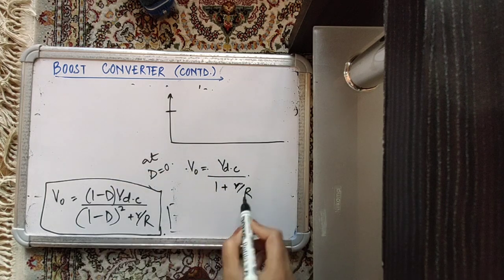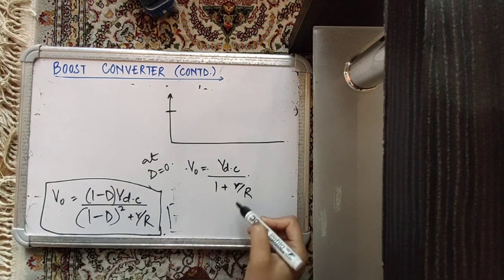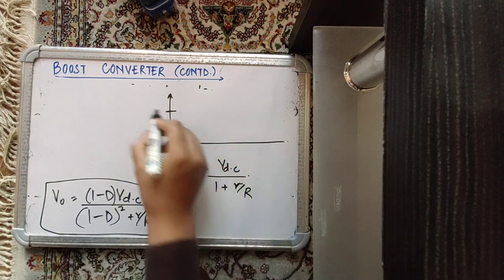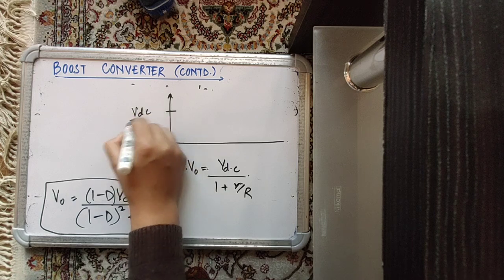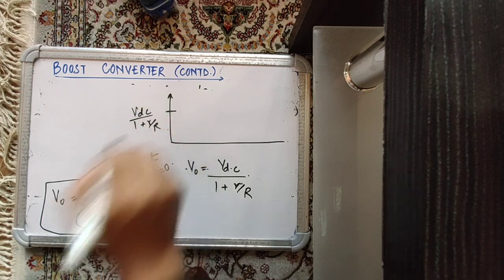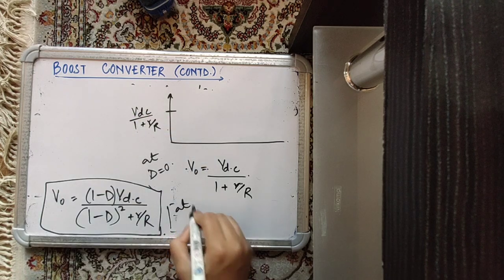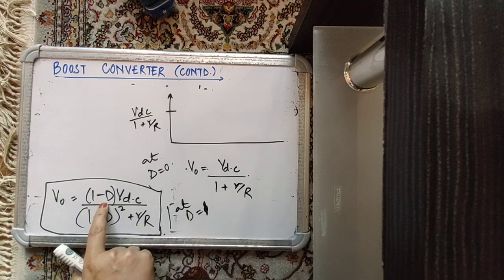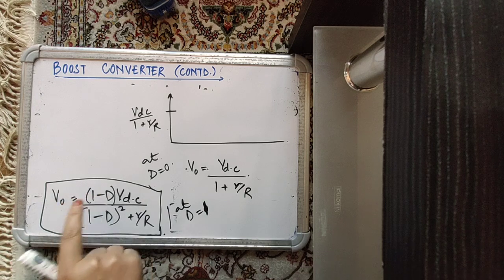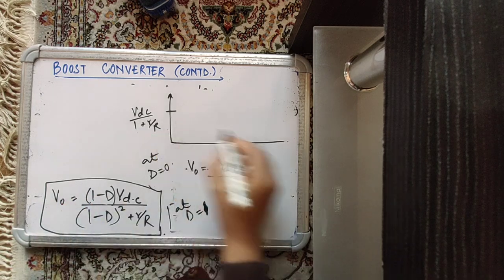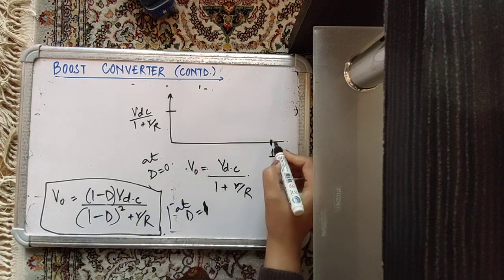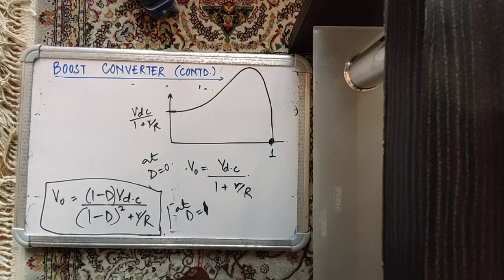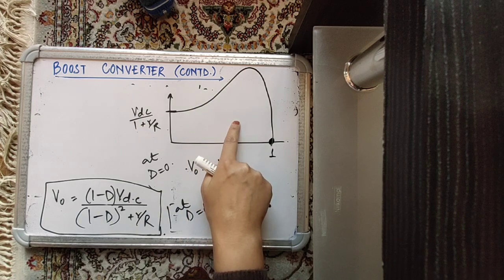Earlier it used to be VDC, now it is slightly reduced from VDC because of this term, because of the losses in the internal resistance. So this is VDC into 1 plus r by R. And at duty ratio equal to 1, the output voltage of the converter is in fact equal to 0. So at duty ratio equal to 1 the voltage falls. The curve is something like this for a practical boost converter.